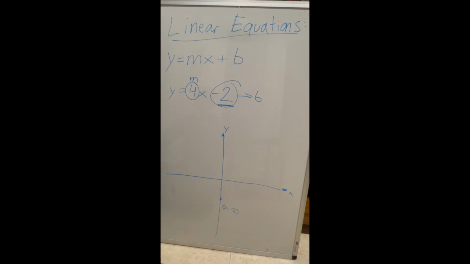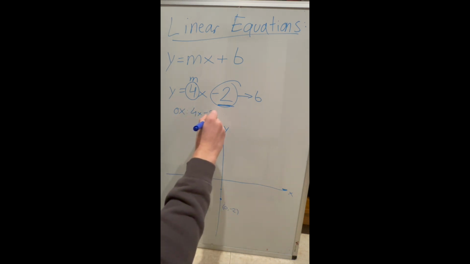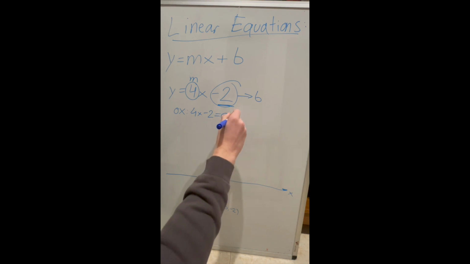And now we must find OX. To find OX, as we did in the last video, we just equal this equation to 0, as when y equals 0, we will find the point where the line touches the x-axis. So 4x minus 2 equals 0.